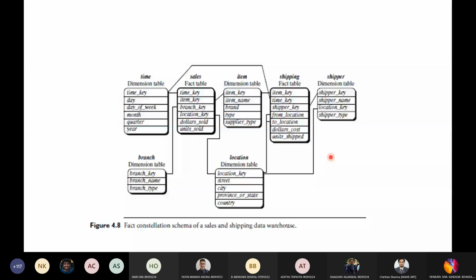These are the five dimensions apart from two measures.